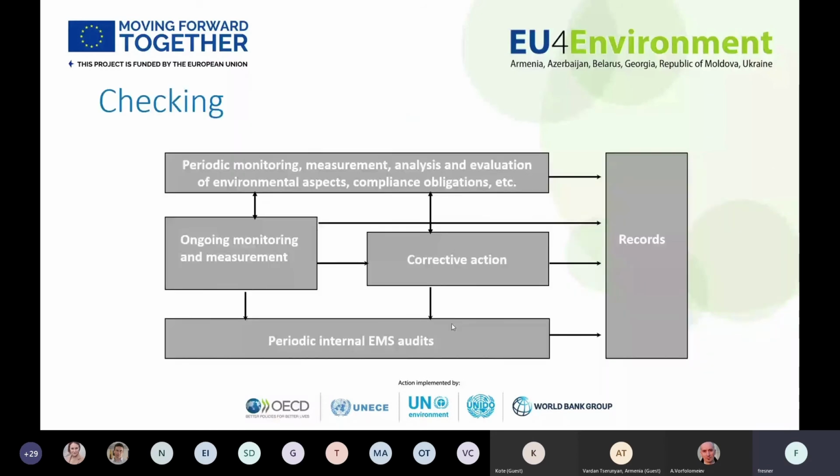At first, the highest level of checking is to establish a sort of dashboard, to have indicators on the basis of periodic measurements, of monitoring, of evaluation, showing whether we are on track.